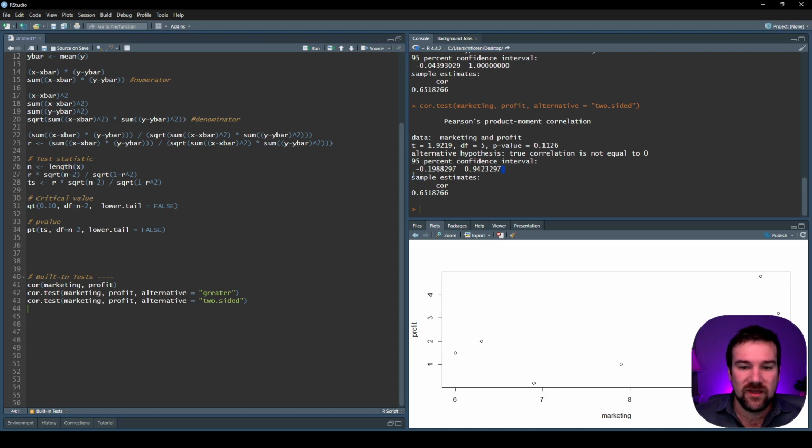In R, though, it's just kind of built in. It's a default output. So this is just really nice. You'd interpret this the same way as you would other confidence intervals. Again, we didn't build it in this class because the by-hand stuff is too complicated to worry about. It's not actually that complicated, but it's beyond our scope. It is nice though that in software, it's really easy to use, and we've already talked about the interpretations, so it's pretty straightforward.